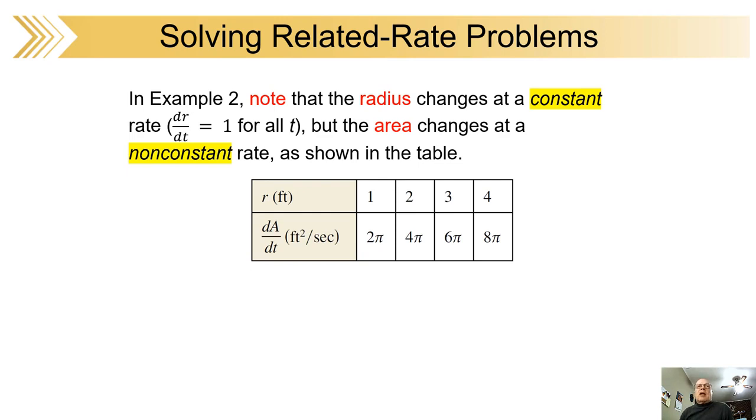Well, when it's at 1 foot, the area itself is increasing at 2 pi, or about 6.28 square feet per second. At the radius being 2 feet, the area is changing at 4 pi, or about 12 and a half square feet per second, and so on.